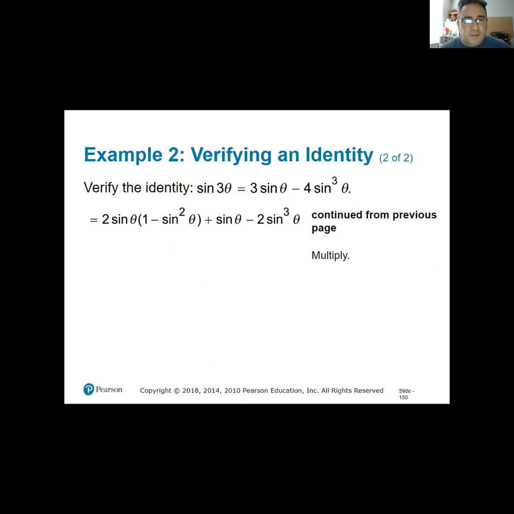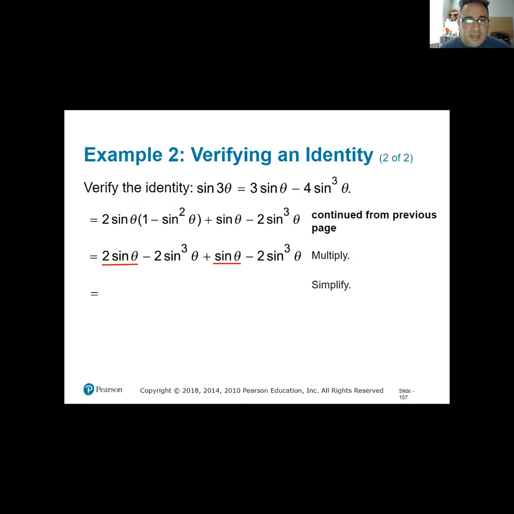So now I'm going to distribute here. 2 sine theta times 1 gives me 2 sine theta, and then 2 sine theta times a negative sine squared theta is going to give me minus 2 sine cubed theta. Very good. And then I have plus sine theta, just bring the rest down, minus sine cubed theta.